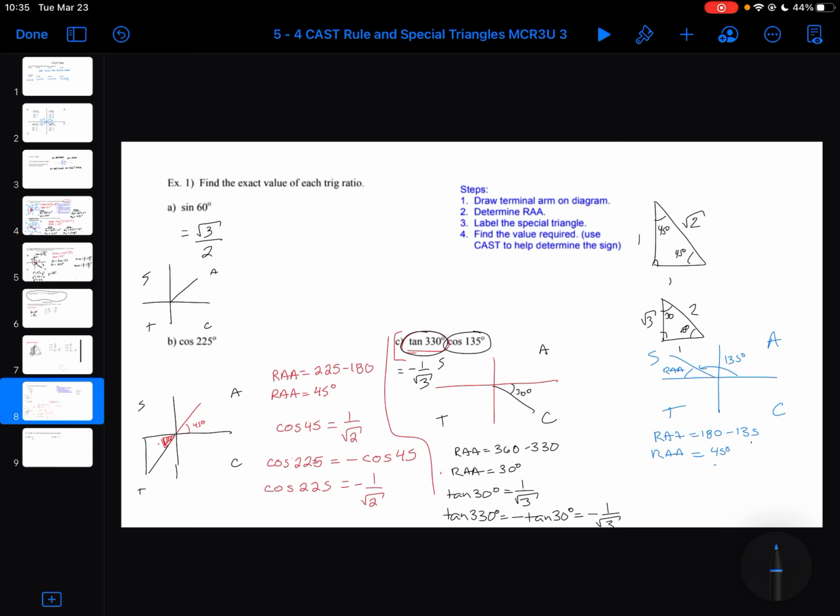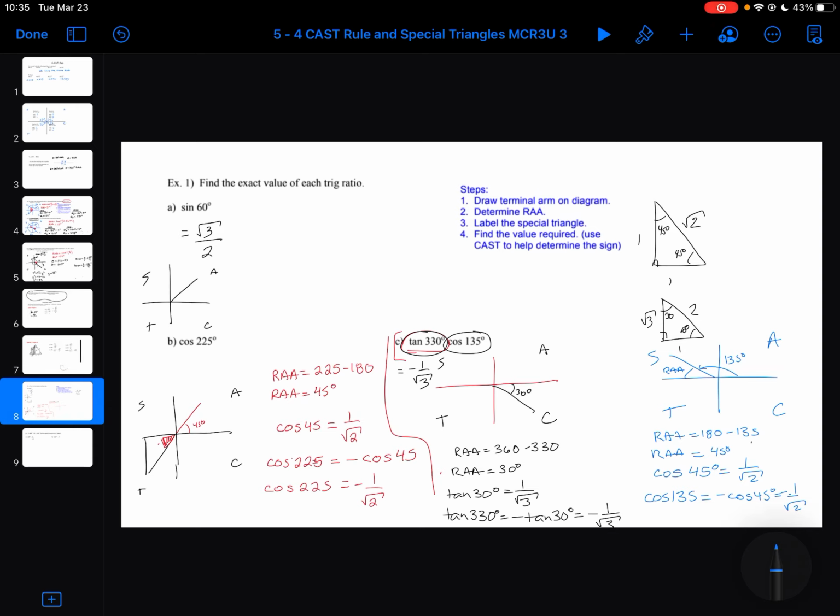The next thing that I'm going to do is to evaluate the trig ratio for that related acute angle. So cosine of 45, I know that that's equal to 1 over root 2. Just like for tan 330, I'm going to make the connection between the quadrant that I'm in and the value of my trig ratio. So I'm in the second quadrant, cosine is negative there, so then my cosine ratio has to be the same value as cos 45, but negative.